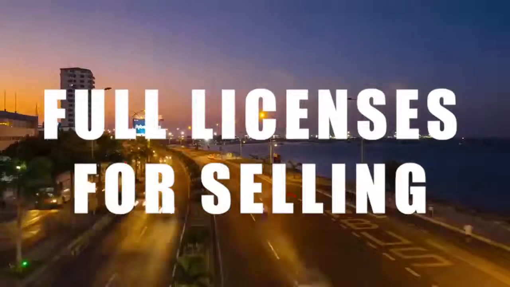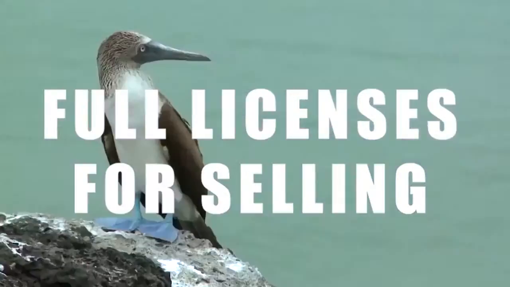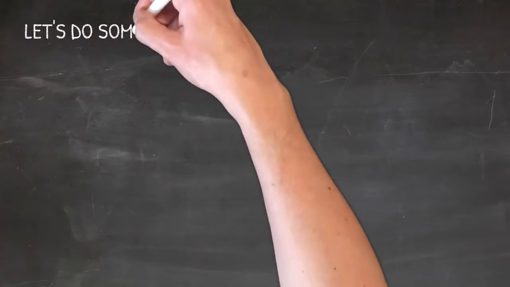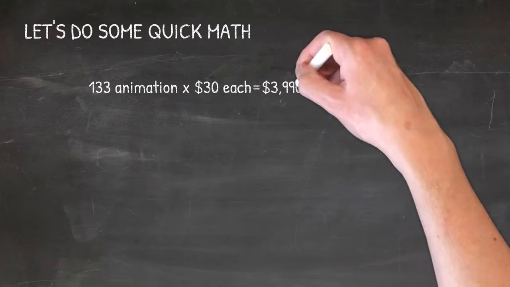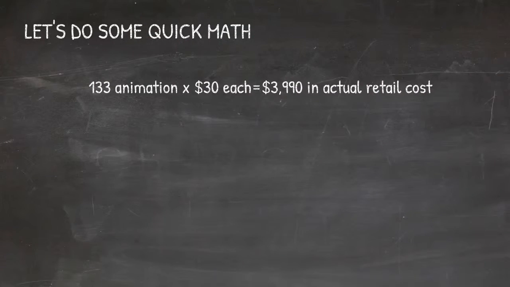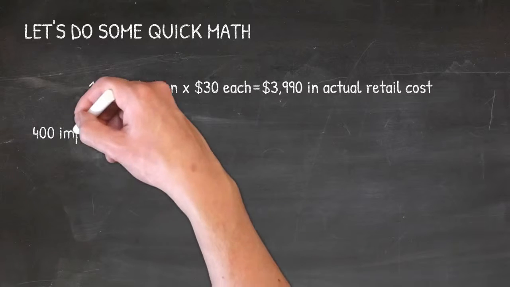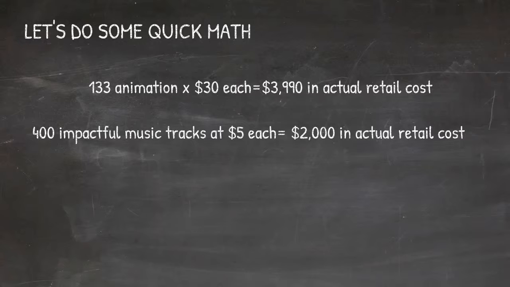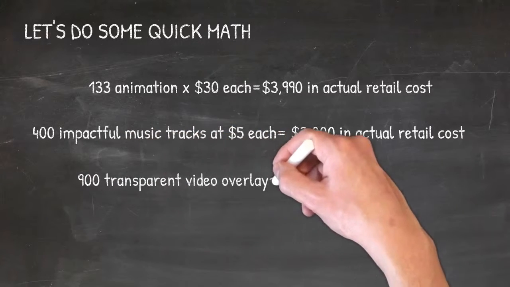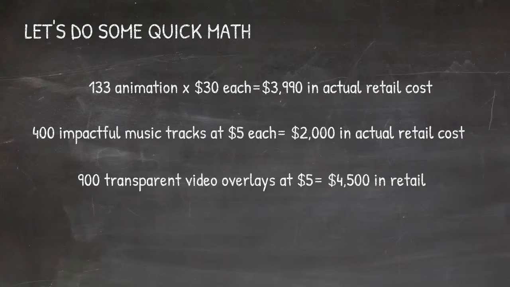If we did a little quick math right here, 133 animations times $30 a pop, that's $3,990 in actual retail cost. Then we've got 400 impactful music tracks at $5 a piece. That's $2,000 in actual retail cost. Then we have 900 transparent video overlays at $5 each, $4,500 in retail.